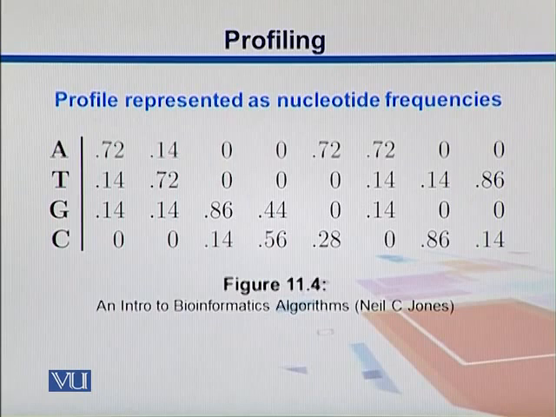In column number 1, most of the time we see A's, that is 72% of the time, and then 14% each we see T's and G's, and we don't see C's in this column. In the same way, in the second column we are seeing T's, which are 4 times more than any of the other ones, A's or G's. We see more G's in the third column and so on.